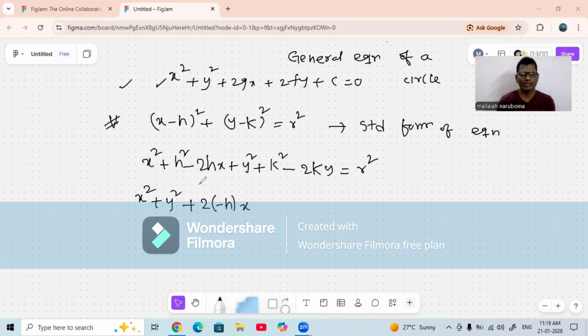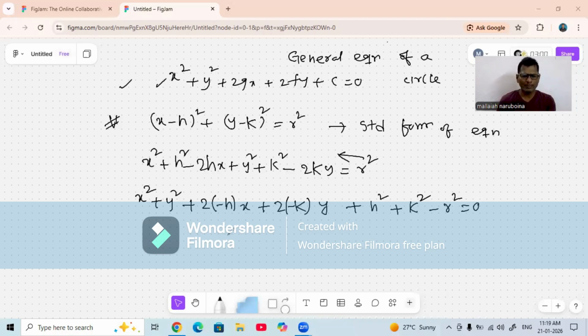Then I am writing minus 2ky, here I am writing plus, here I am writing minus 2 into minus ky, that is equal to minus 2ky only. After that, next what are the terms left? H square plus k square, right? Send this plus r square this side, minus r square, that is equal to 0.